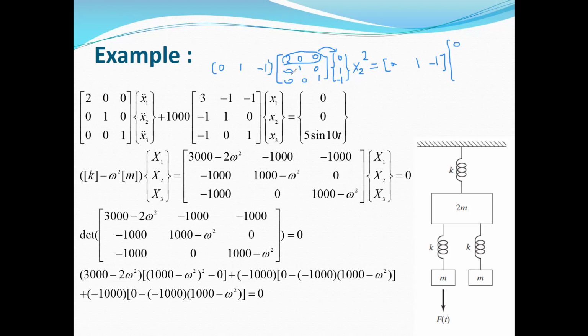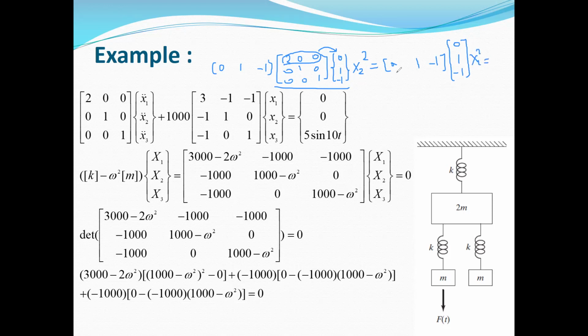The second component is 0 multiplied by 0, 1 multiplied by 1, plus 0 multiplied by minus 1, so it will be 1. And finally, the last one is 0 multiplied by 0, 0 multiplied by 1, and 1 multiplied by minus 1. So this is the result of this matrix multiplied by this vector, and again we have x2 squared.